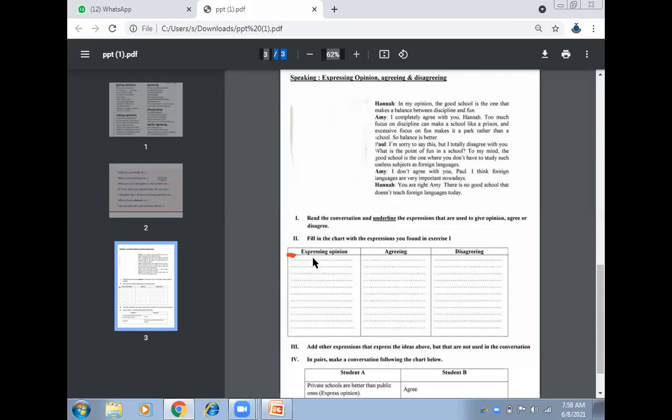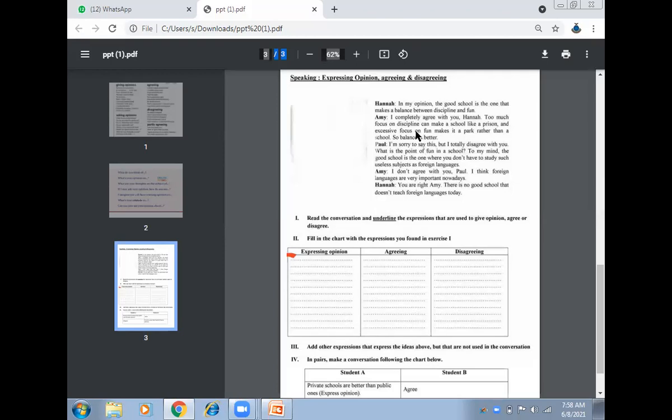For example, here you have expressing opinion. What are all the expressions that are used to indicate or express your opinion? Then which expressions are used for agreeing and disagreeing? I will give you an example.